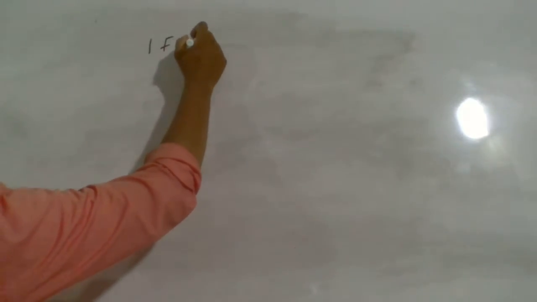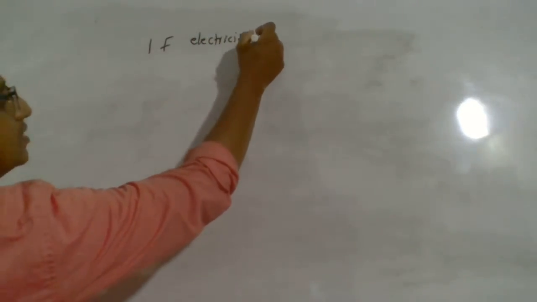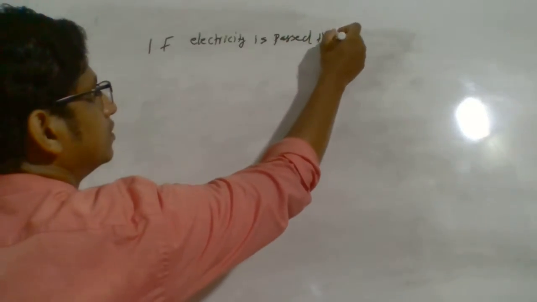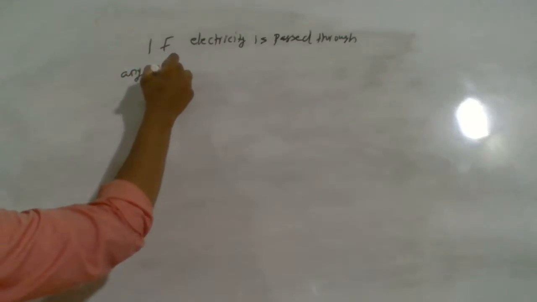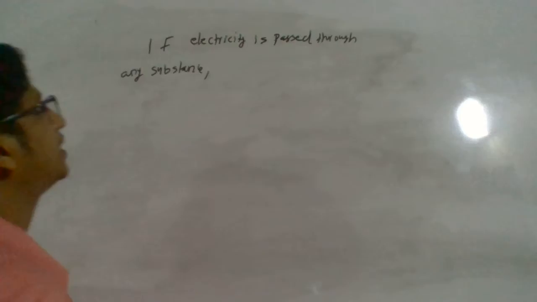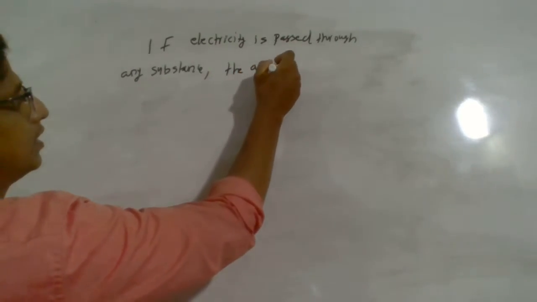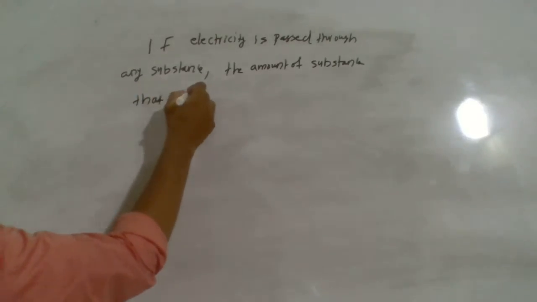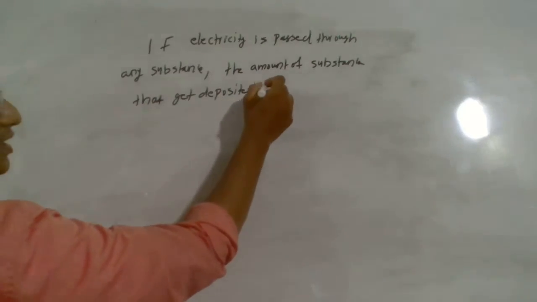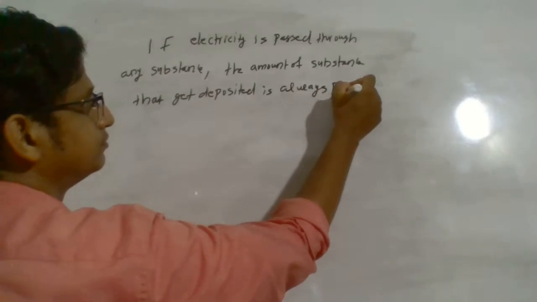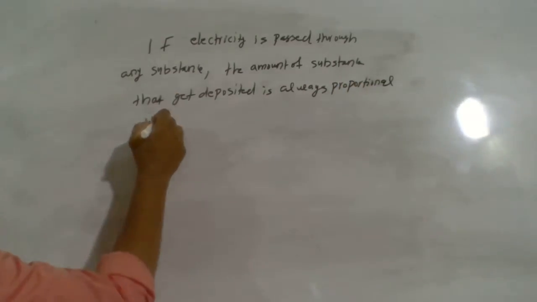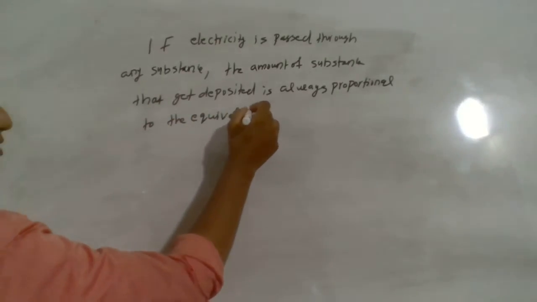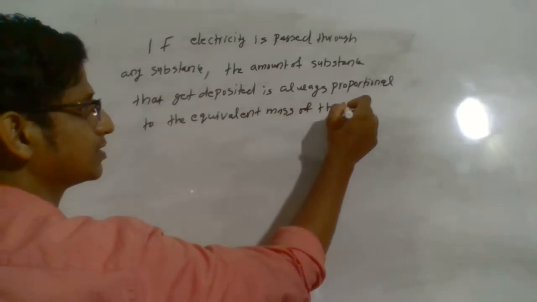We know when 1 farad electricity is passed through any substance, the amount of substance that gets deposited is always proportional to the equivalent mass of the substance.